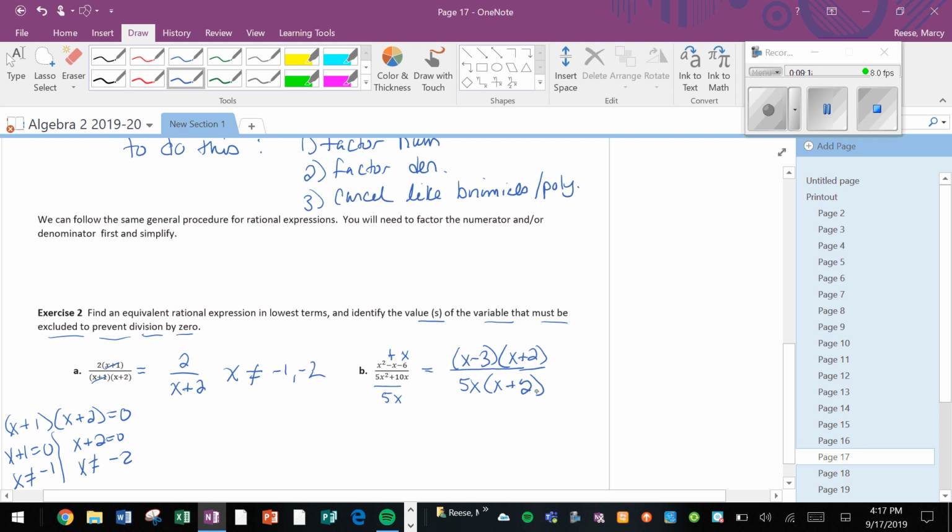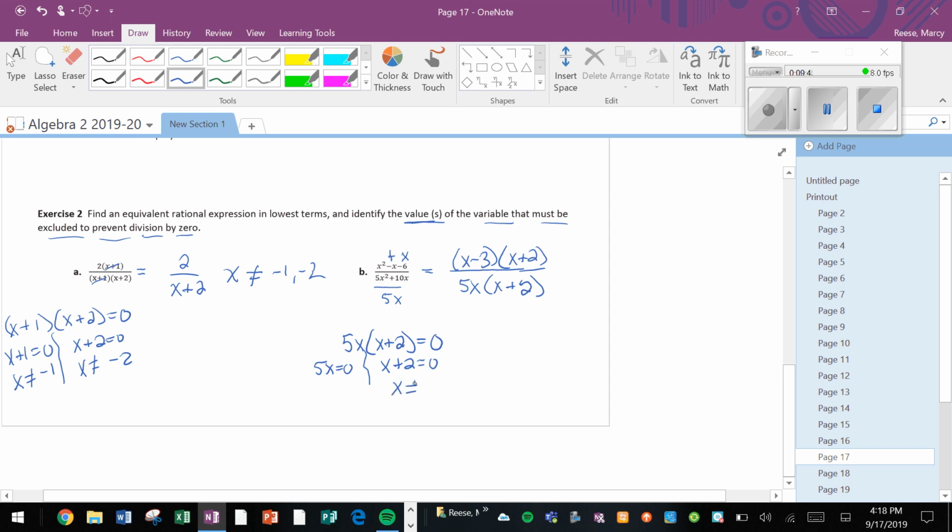Okay. And then before I cancel stuff out, remember I've got to find the values that will make the denominator equal 0. So I'm going to come off to the side here, take my denominator, and set it equal to 0. They're already factored out, separated, so I'm going to solve for each x value that I have factored.